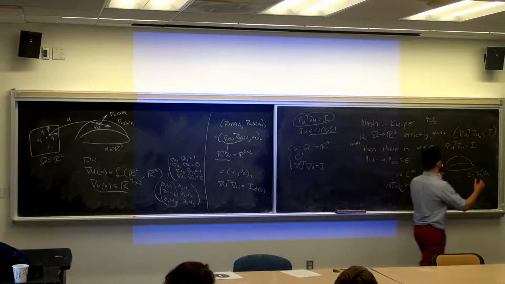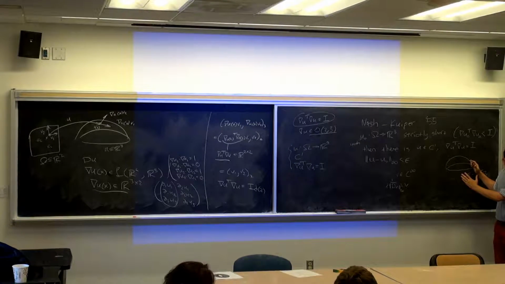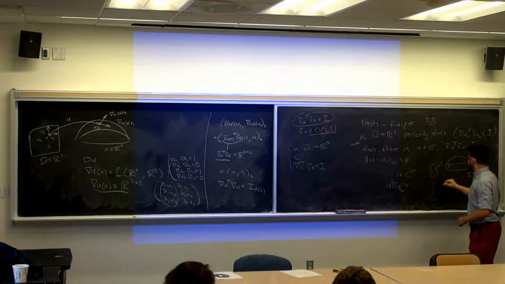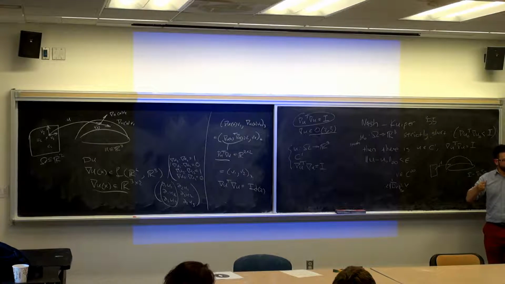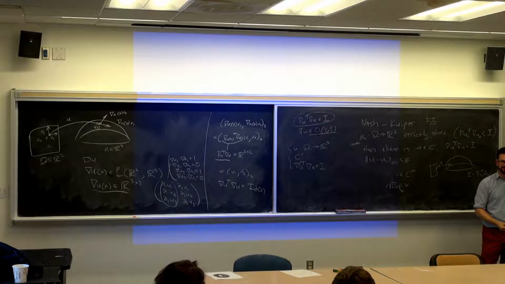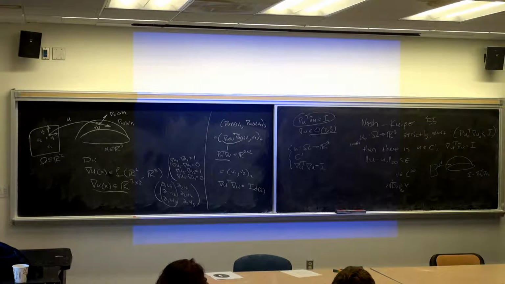So if I take this and make it as small as I want, I can still take a sheet of paper and deform it in some C1 way so that it looks like the surface of a ball with radius, say, 1/10.